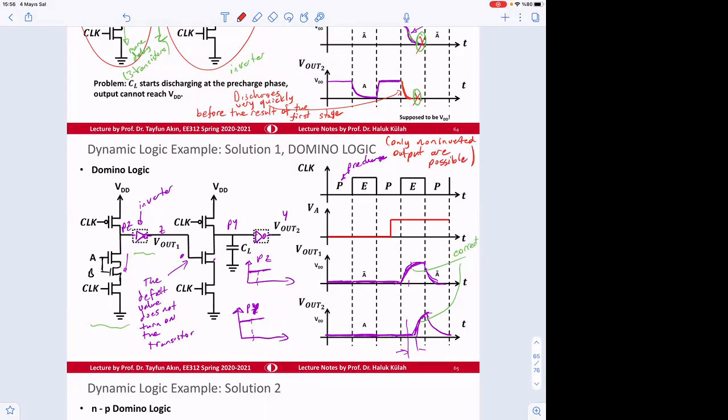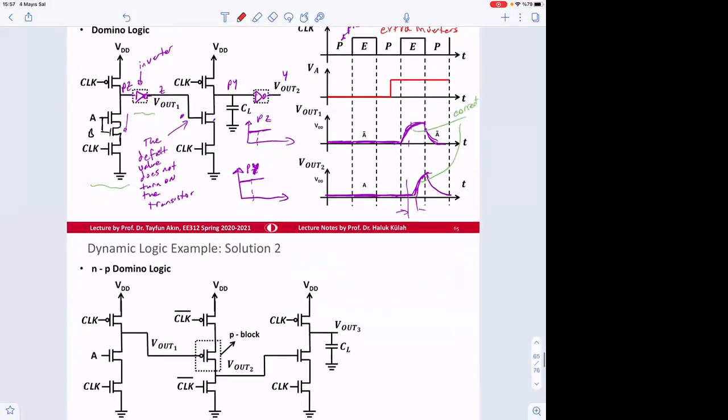So, I mean, this is a solution, but we don't really like it. And then, extra inverters. We don't like extra inverters to put.